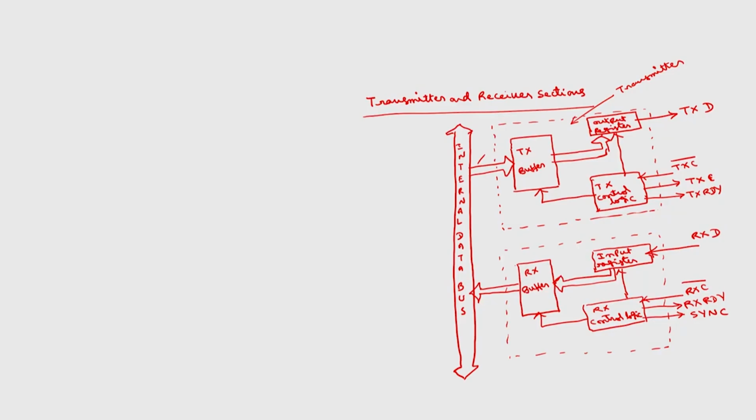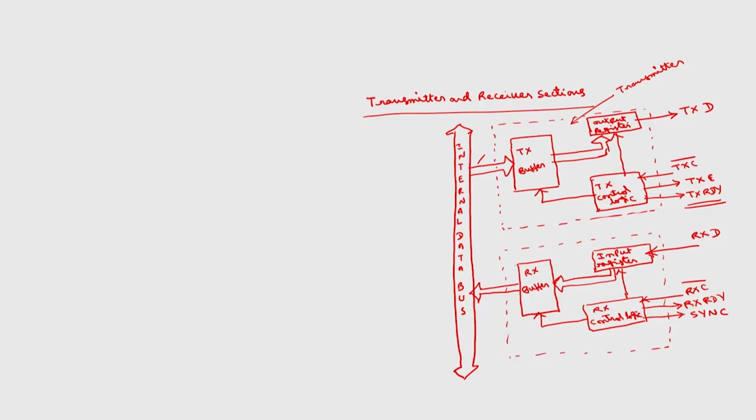The function of transmitter ready is that whenever the transmitter is ready, it requests the microprocessor for data, then the microprocessor writes the data. After that this data is transferred to the output register. If the output register is filled with the data, then it will be converted into serial data and transmitted here.